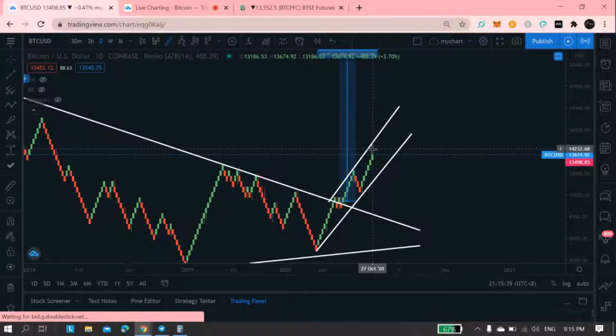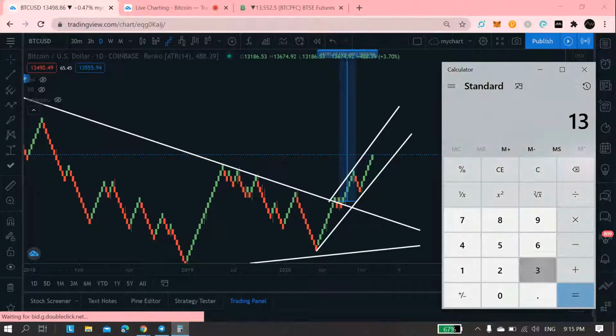because each Renko brick is 488.39. So the high of this is 13,674, and then let's add 13,674 plus 488.39, so that's 14,162.